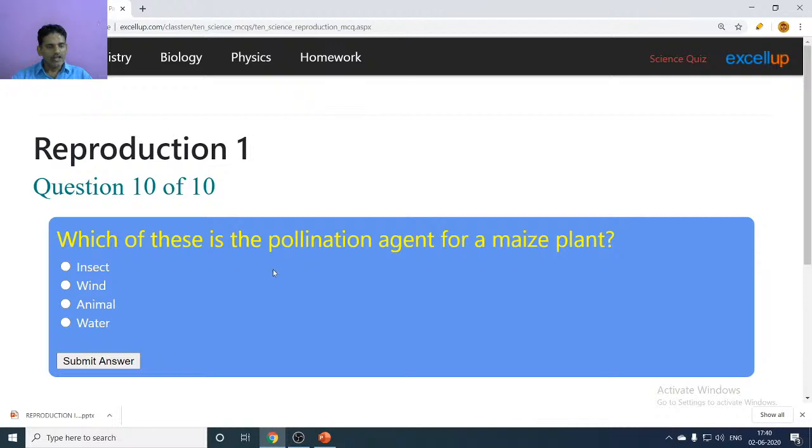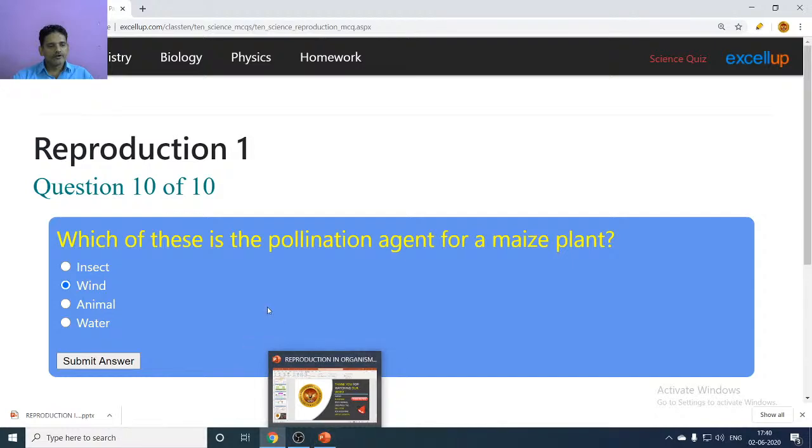Here directly the options are given: insect, wind, animal, water, or sometimes hydrophily, anemophily, and zoophily, like that it will be given. So here it's a grass family. The pollination takes place by wind. B is the correct answer. Very good.